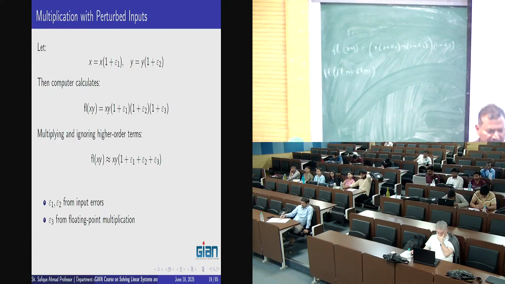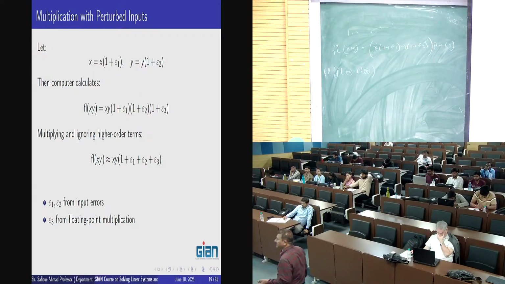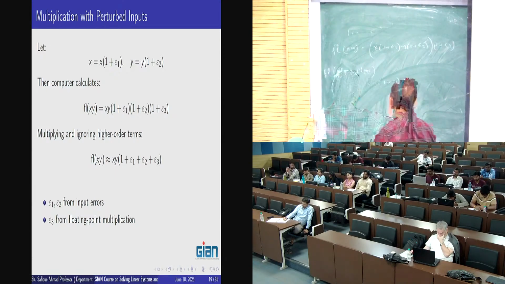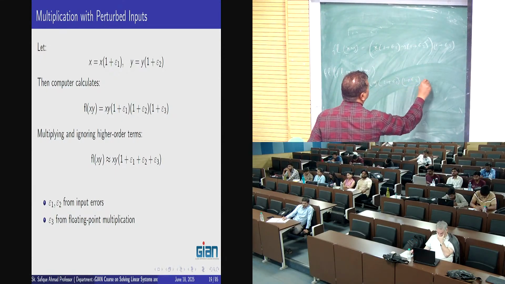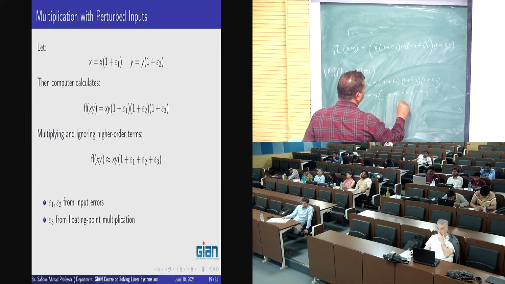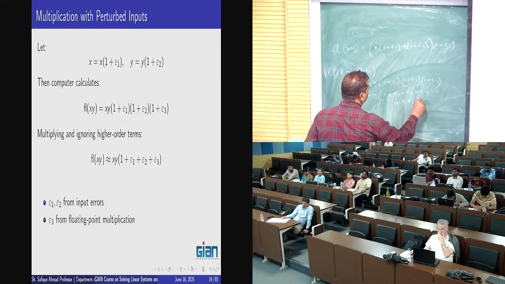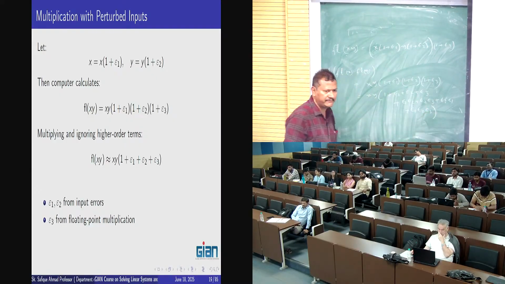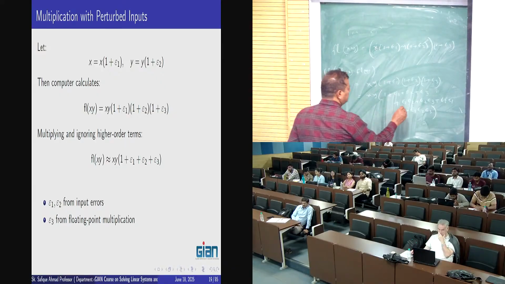So, the floating point of x is 1 plus epsilon 1, and the whole into 1 plus epsilon 3. If you do the product and remove the higher terms, you will get 1 plus epsilon 1 plus epsilon 2 plus epsilon 3, plus epsilon 1 epsilon 2, epsilon 2 epsilon 3 and so on.